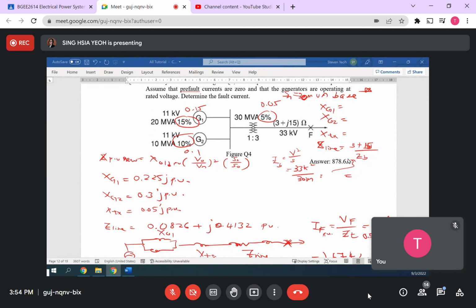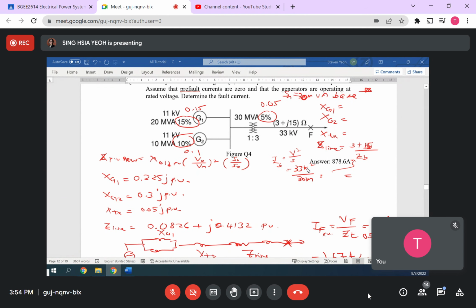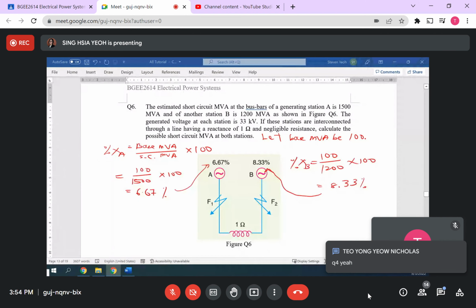Nicholas mentioned here, does Z total include resistance? Nicholas, your question is about which one? This one? Question 4?